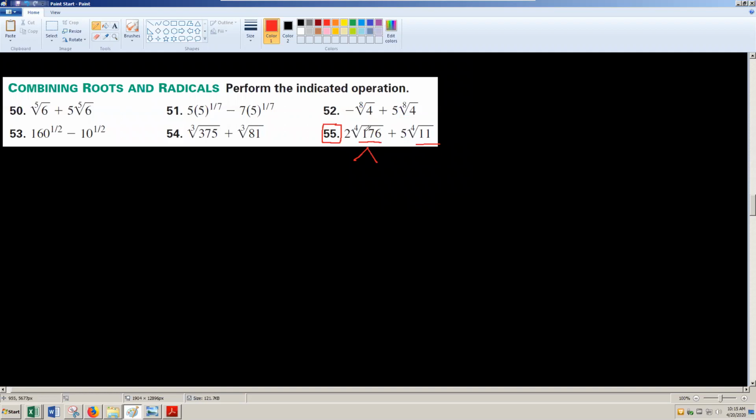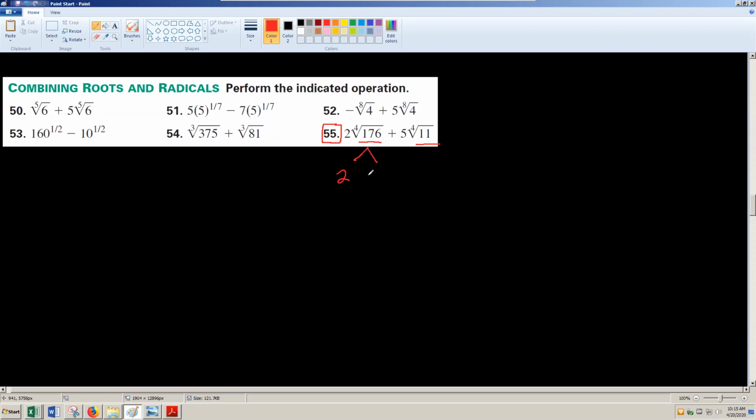If you're not sure what to do, I would say always just look at it and say, oh, 176 is even, then you can go that route. Or you can say, oh, I kind of want it to be 11, so maybe I'll try dividing by 11. Multiple approaches, just really trying to break down this 176 to a prime factorization tree. I'm going to go the route of saying it's an even number, so I'm going to divide it by 2.